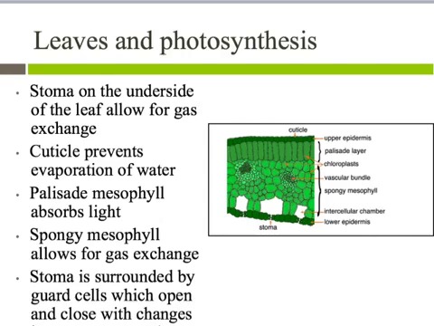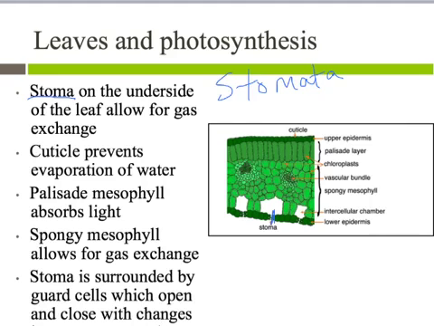A little bit more on leaves and photosynthesis. Leaves will give off CO2 and water, and they do that by releasing it through these things called stoma, or sometimes we say stomata. These are little pores that you see right here.